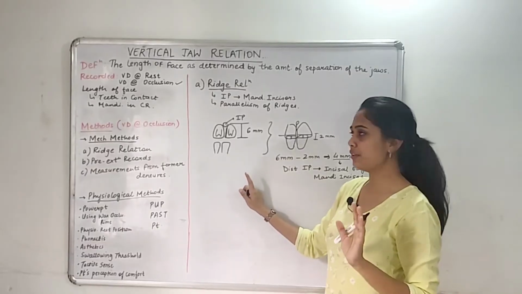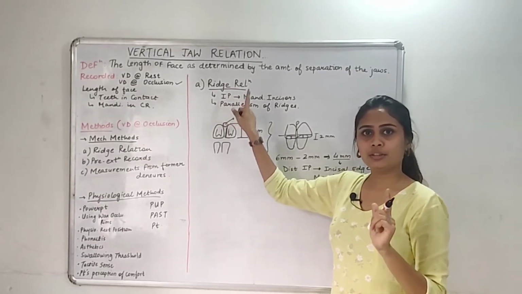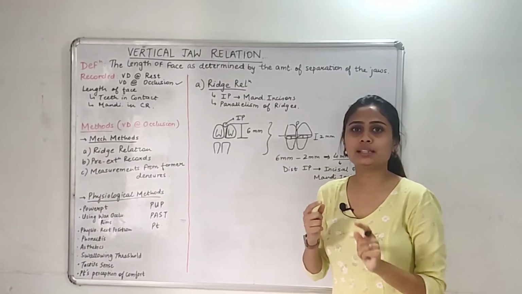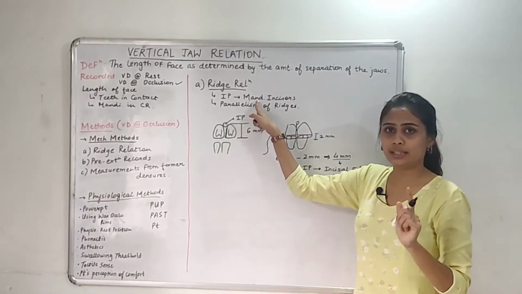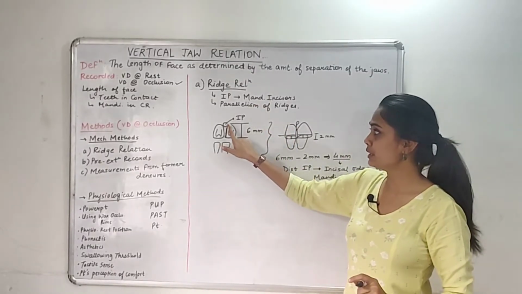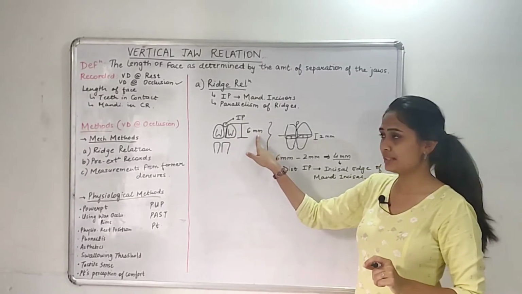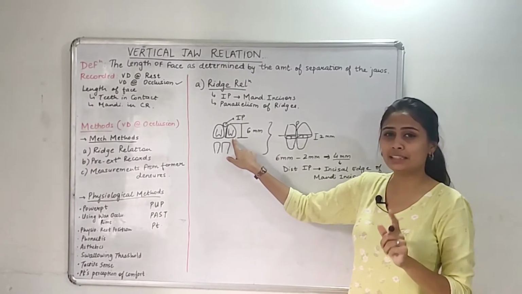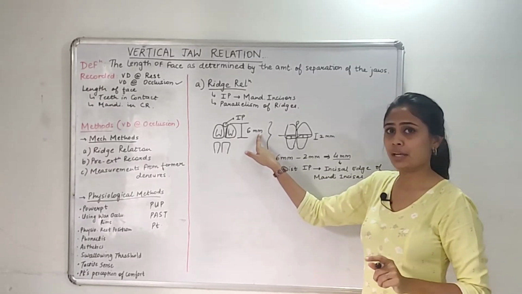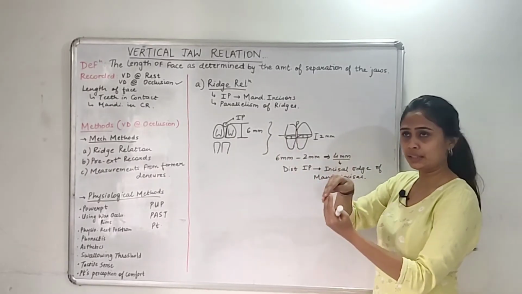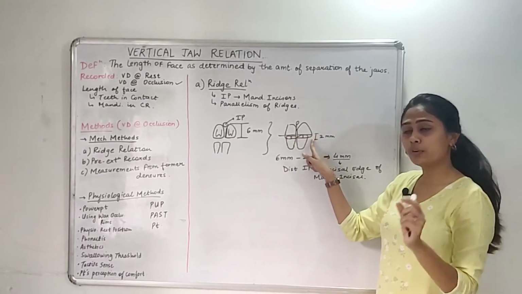Again, I'll go very slowly. Ridge relation, the first point is the distance between the incisive papilla and the mandibular incisors. The distance between the incisive papilla and the maxillary incisal edge is 6 mm. Here I am talking about the maxillary incisal edge. And when we have this overlapping, the overlap is 2 mm.